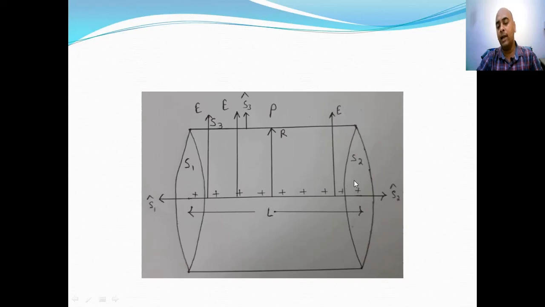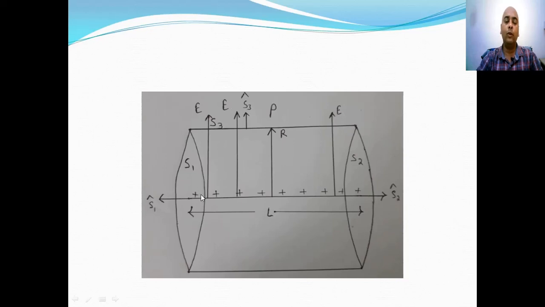That is, the angle between area vector S2 cap and E is 90 degrees. In a similar way, the angle between area vector S1 cap and E is again 90 degrees. However, the angle between S3 cap and E is 0.